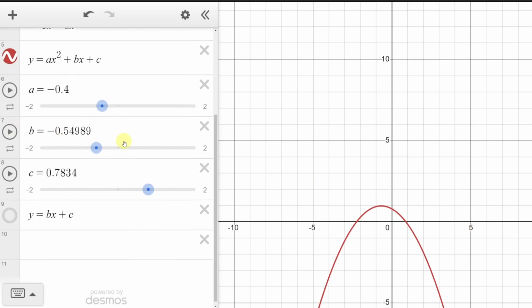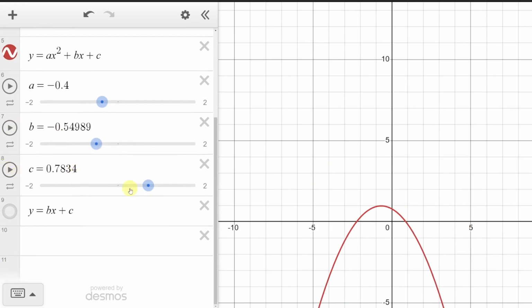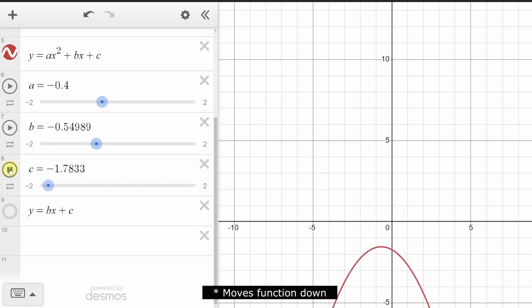Last but not least is coefficient c, and this coefficient just raises the function up or down. Increasing c raises the function up, and decreasing c lowers the function down. So now you understand what each coefficient does to the function.